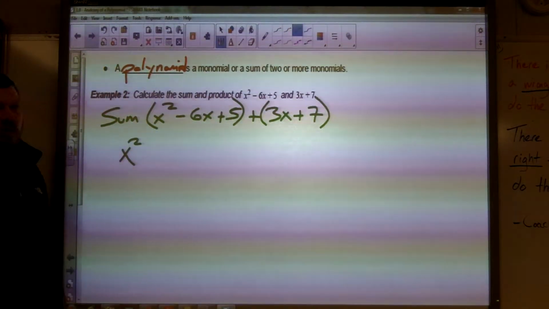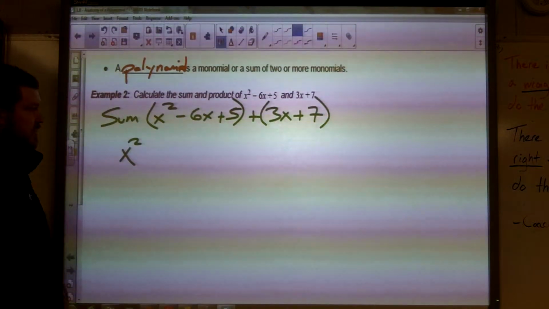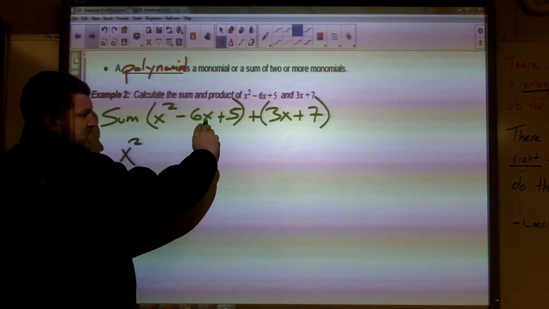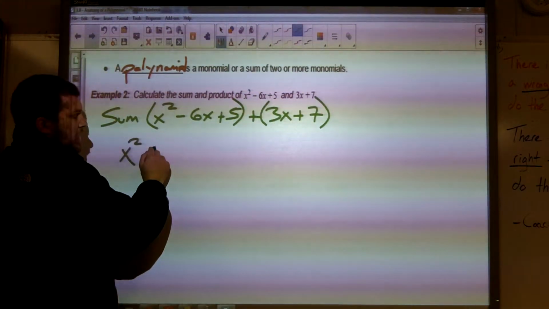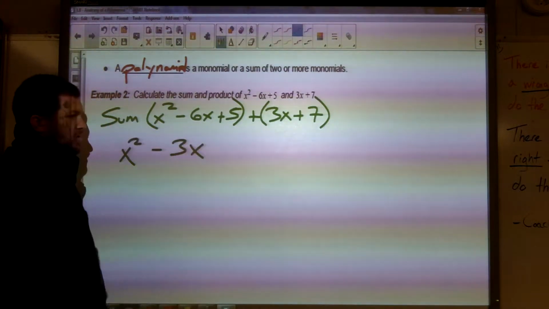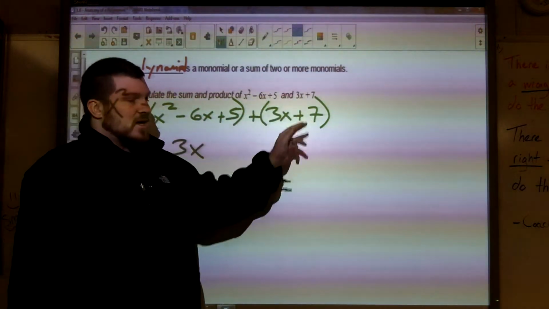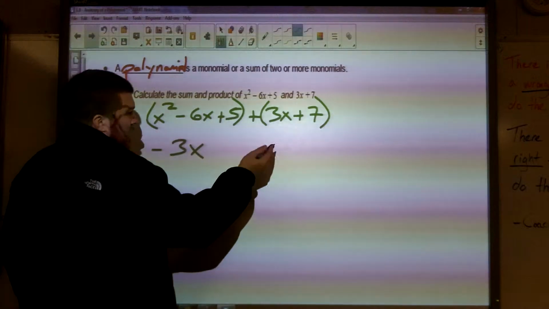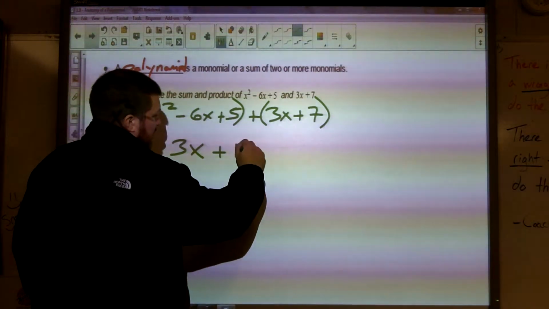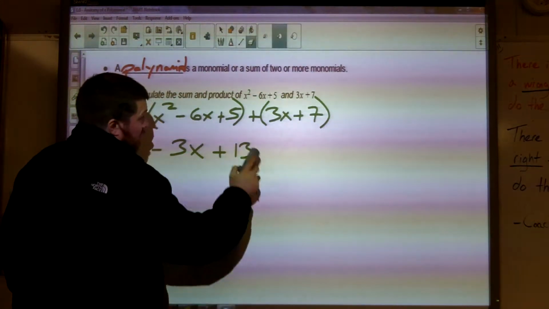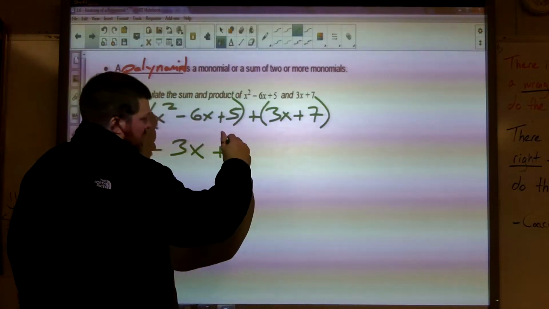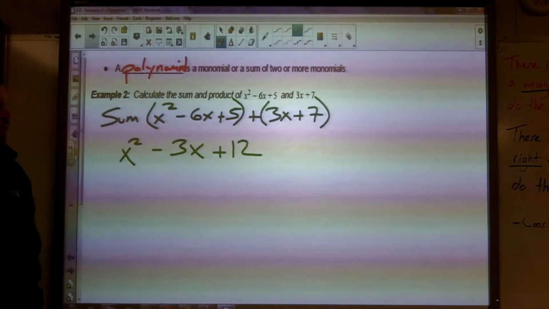X squared is the only squared power I have, so that's going to stay the same. Negative 6x plus 3x is negative 3x. And then 5 plus 7, our constants, become 13. Actually become 12. Sorry, sometimes you make a simple mistake, just go back and fix it.